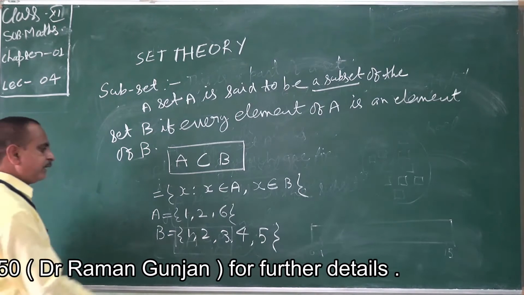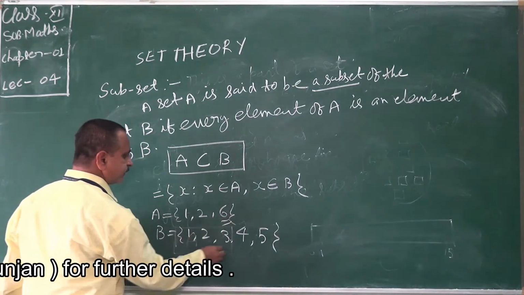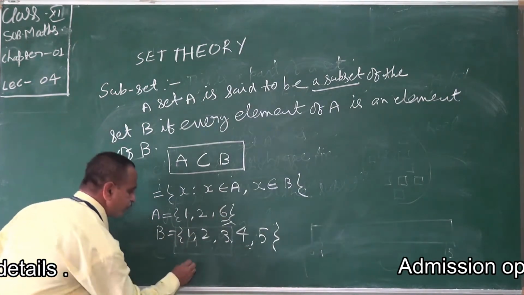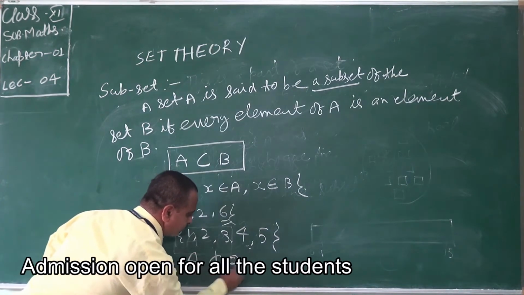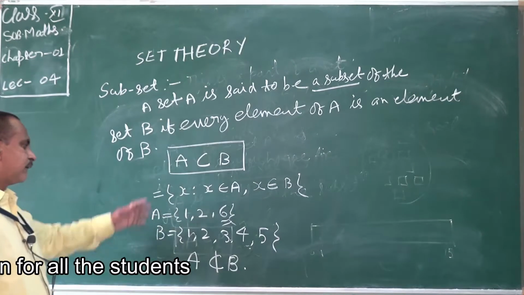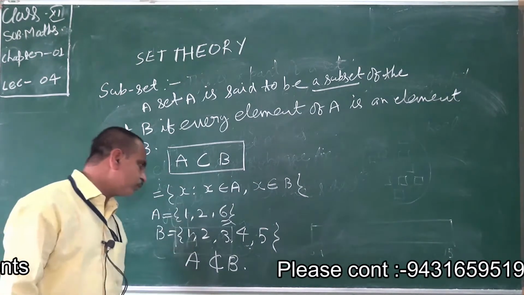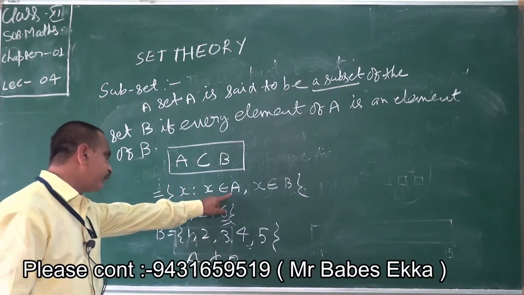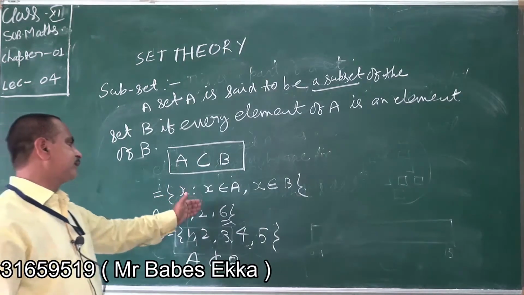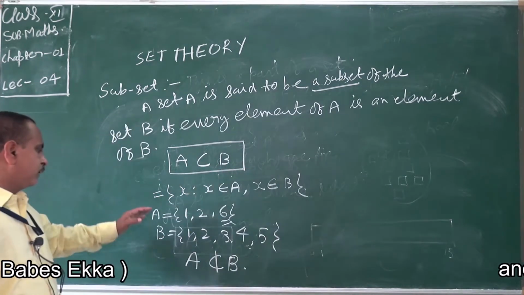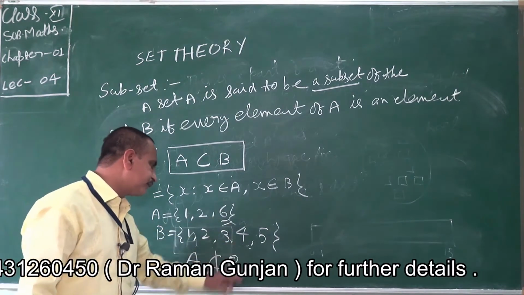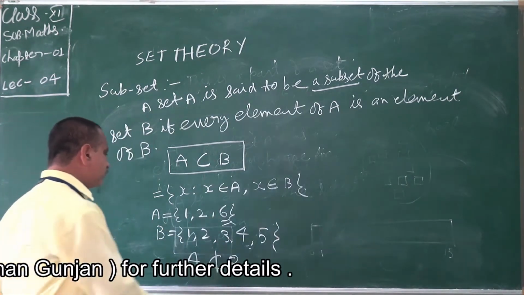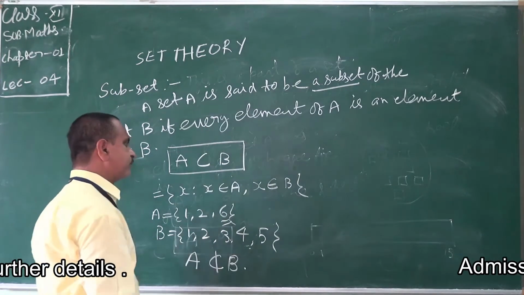So the element 6 of A is not present in set B, so you write A not a subset of B. By example, we show that all elements of A are present in set B. If an element happens which is not present in set B, then we call A not a subset of B.